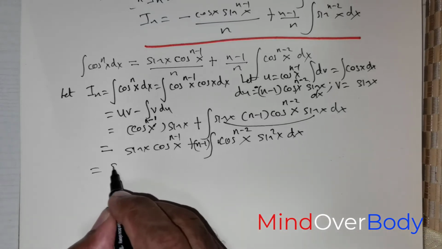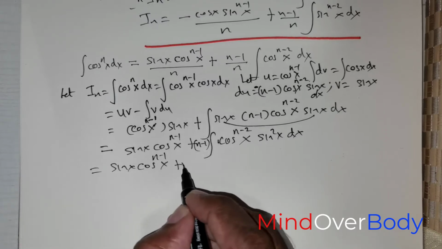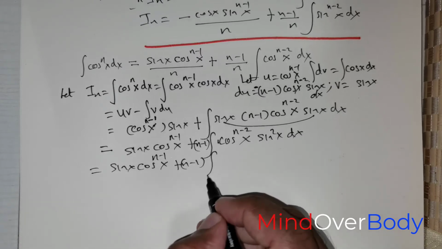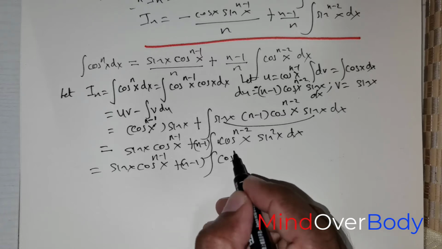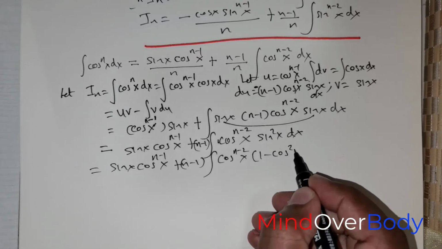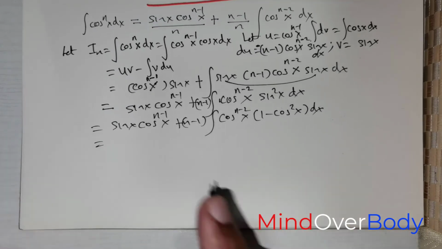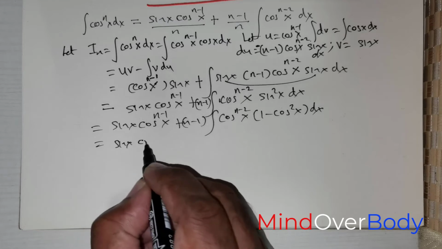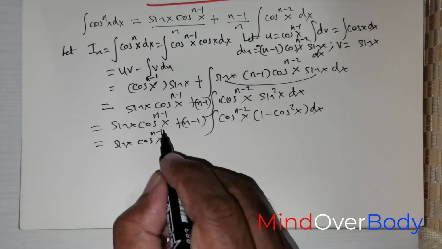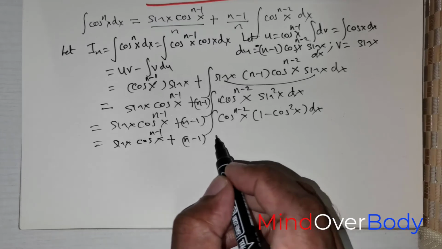I can rewrite this as sine x cos raised to the power of n negative 1 x positive n negative 1 times integral cos raised to the power of n negative 2 times x. Sine squared x is written as 1 negative cos squared x times dx. This is equal to sine x times cos raised to the power of n negative 1 x positive. I'm going to split it like this.